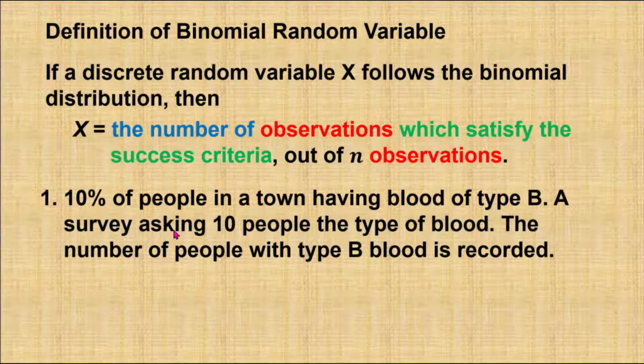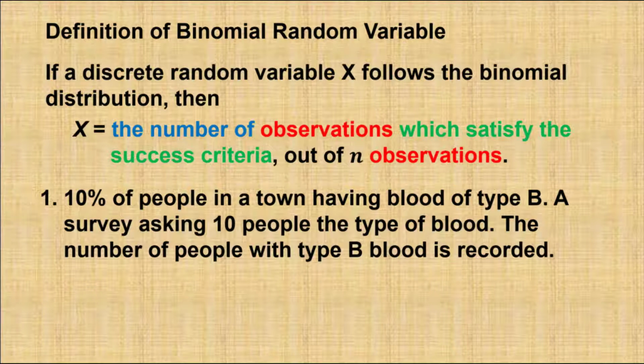For example, in this situation, 10% of people in a town have blood of type B. A survey asks 10 people their blood type, and the number of people with type B blood is recorded.